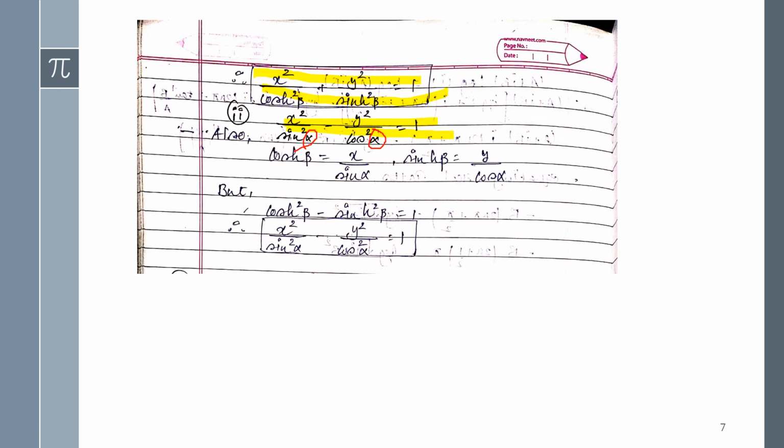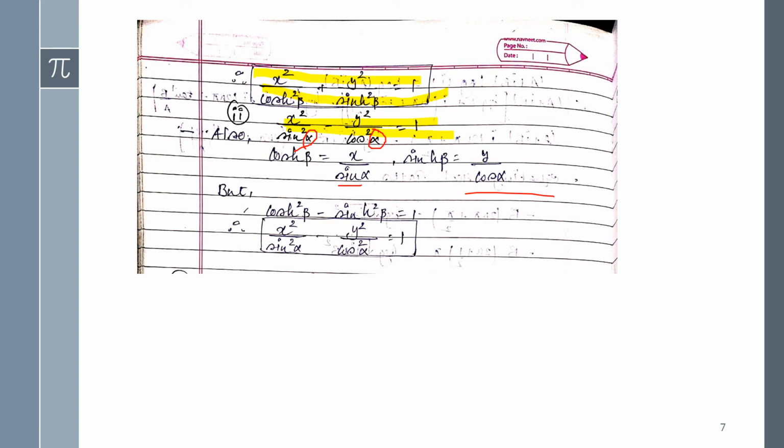So of course we will make the beta functions the subject. From our previous slide we will make cosh beta as well as sinh beta the subject. I'm making both the subject, then it is x upon sin alpha and here it is y upon cos alpha.